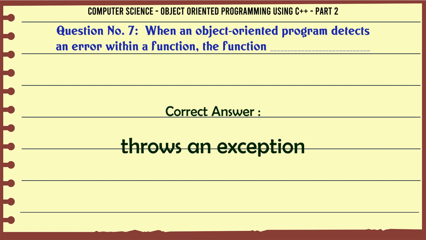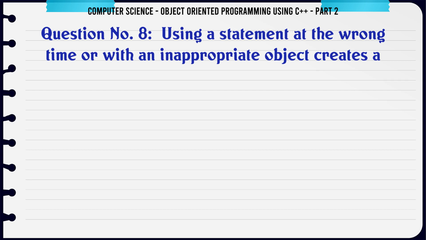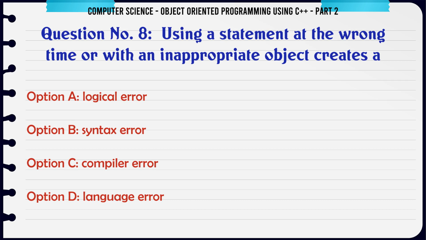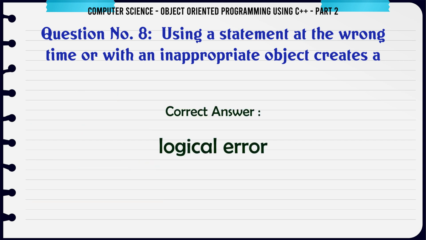The correct answer is throws an exception. Using a statement at the wrong time or with an inappropriate object creates a. logical error, b. syntax error, c. compiler error, d. language error. The correct answer is logical error.